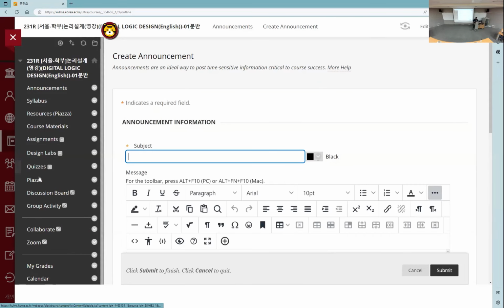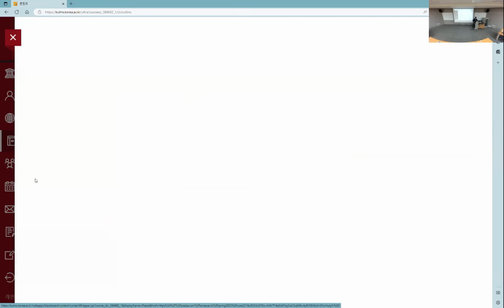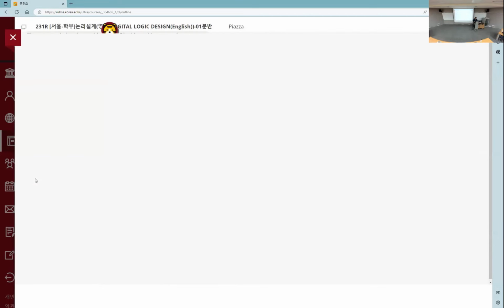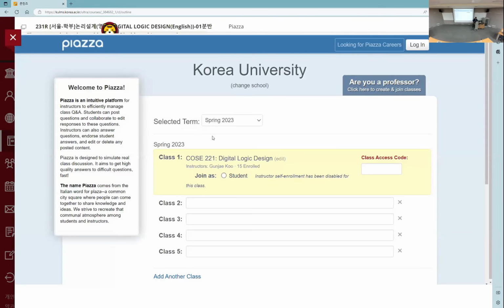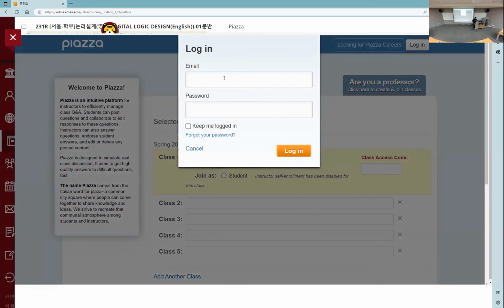You can find Piazza here, and the resources tab of Piazza. I will use Piazza for this class management. If you click Piazza here, you need to register to Piazza.